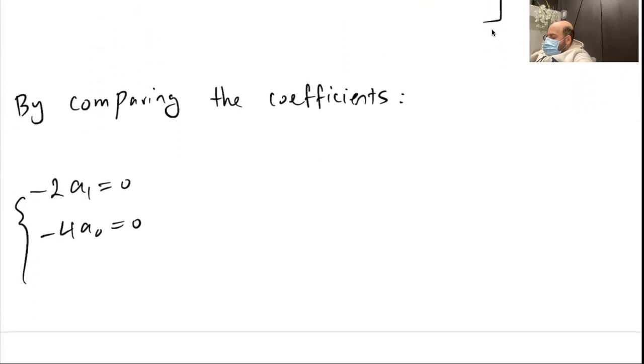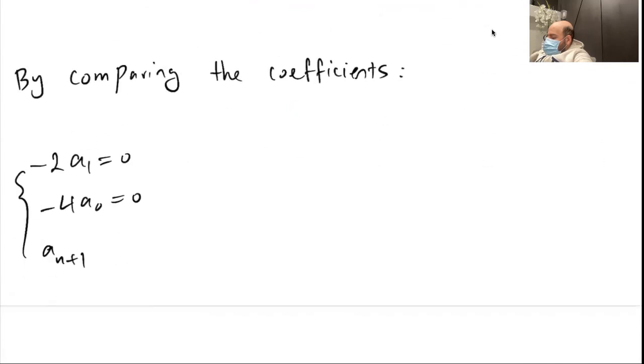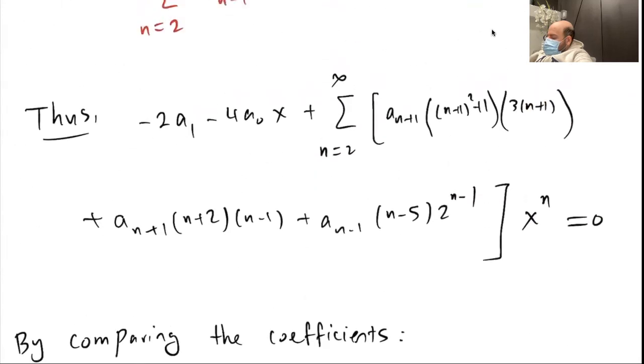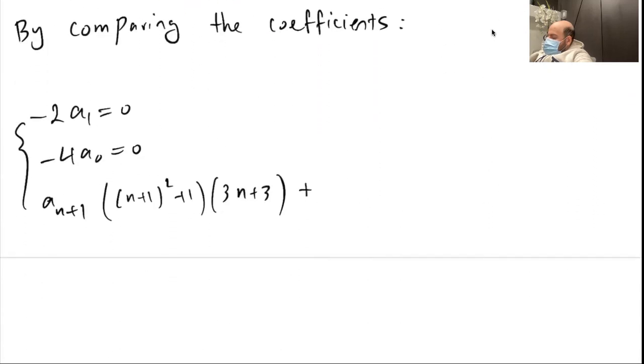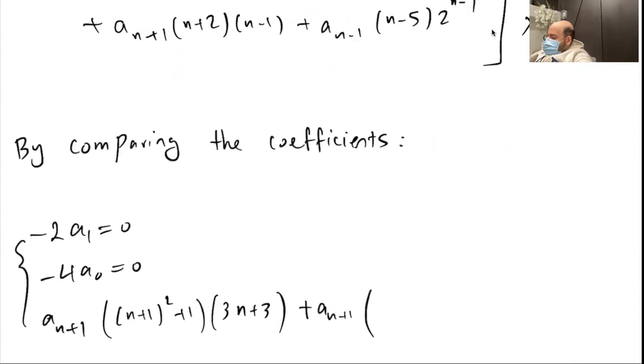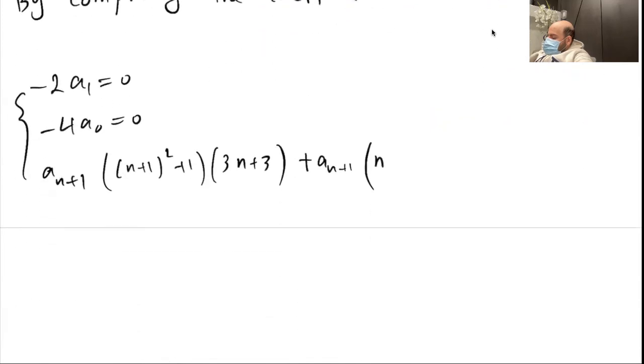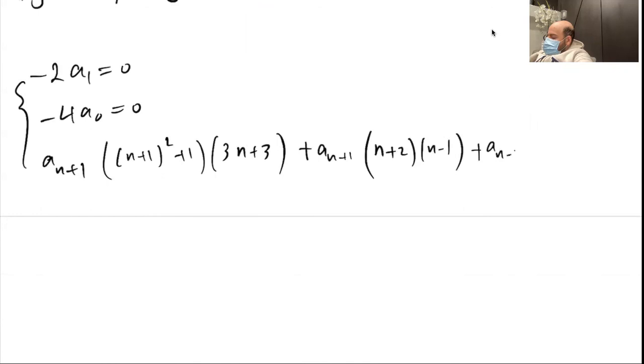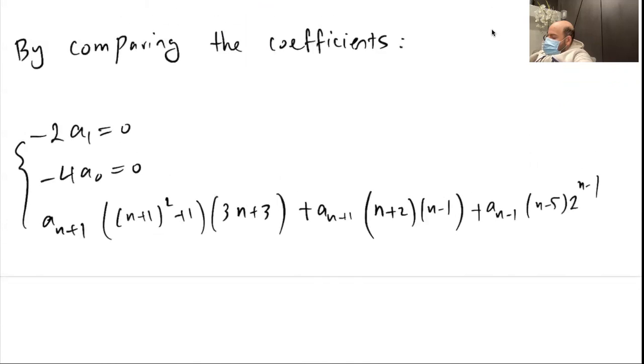So a n plus 1 times n plus 1 squared plus 1, 3, n plus 3, plus a n plus 1 times n plus 2 times n minus 1, plus a n minus 1, n minus 5, 2 to the power n minus 1.